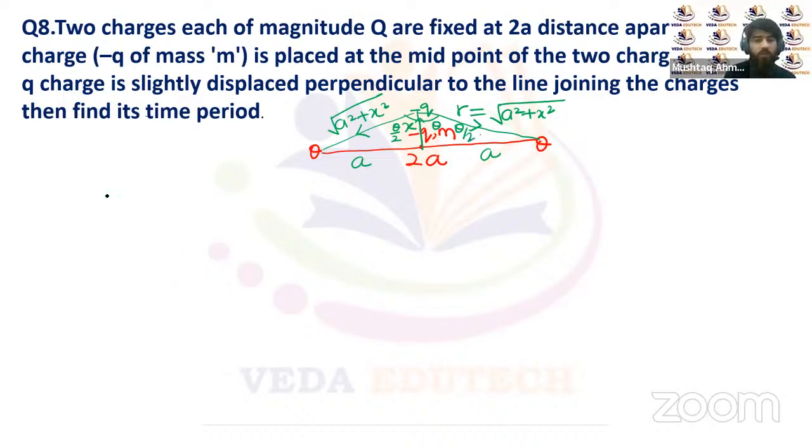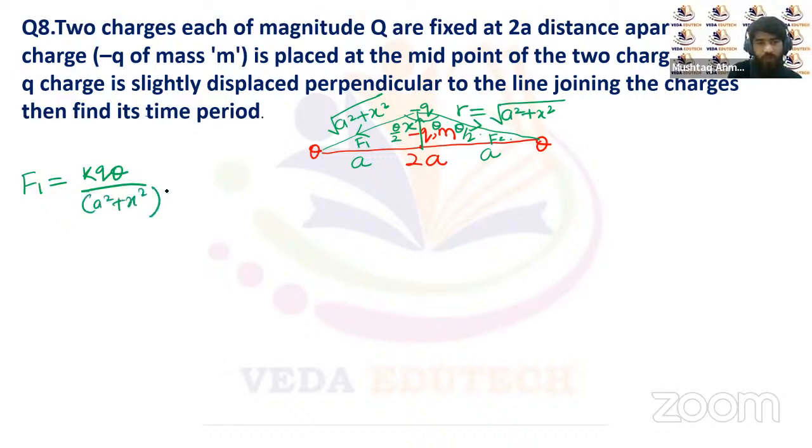Now we will find the net force on this charge. Let me call this force F1 and this force F2. The force F1 is equal to kQq upon the distance square, that's a square plus x square.